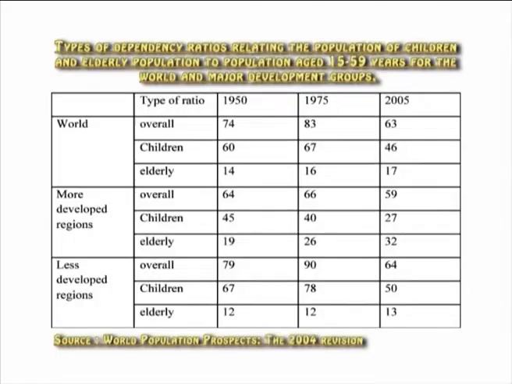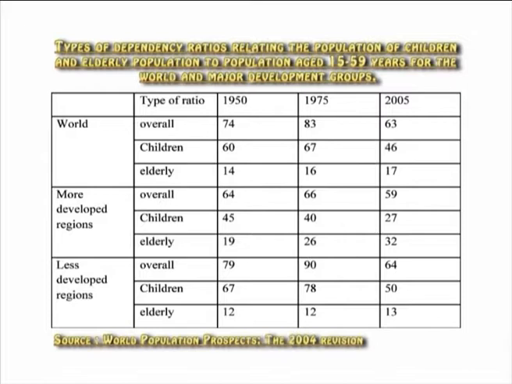This weak trend, however, is the product of distinct and compensating changes in different regions and areas. Table 4 shows that the overall dependency ratio for the less developed regions in 1950, at 79 dependents per 100 persons aged 15 to 59, was high compared to that of more developed regions at that time.